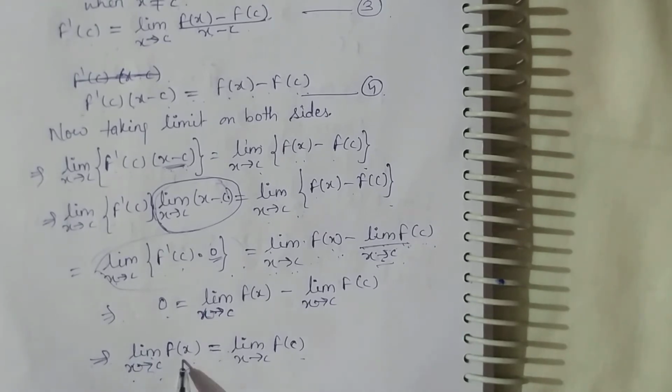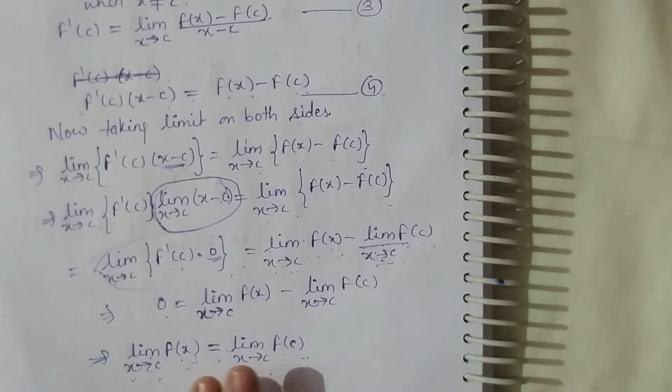Therefore limit x tends to c of f of x is equal to limit x tends to c of f of c. Here the function is differentiable, so the limit of the function exists, and it is continuous at the point x equals c.